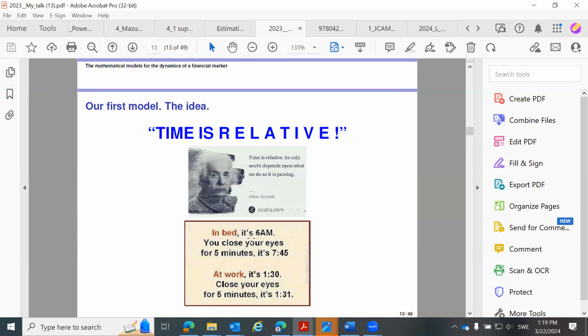For example, in bed, it's 6 a.m., you close your eyes for 5 minutes, but it's not 5 minutes, it's already 7:45. But in a different situation, if you are at work, it's 1:30, you close your eyes for 5 minutes, but it's just 1:31.